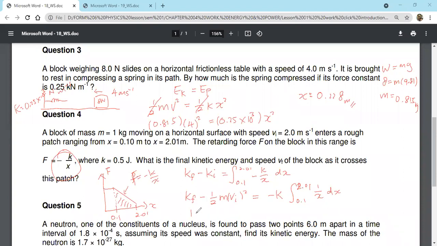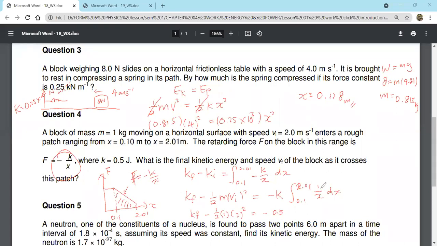So k f minus initial, this means 1/2 m, where the mass is 1 kg, and the initial speed is 2 m/s squared, equal to negative k, where k is equal to 0.5.